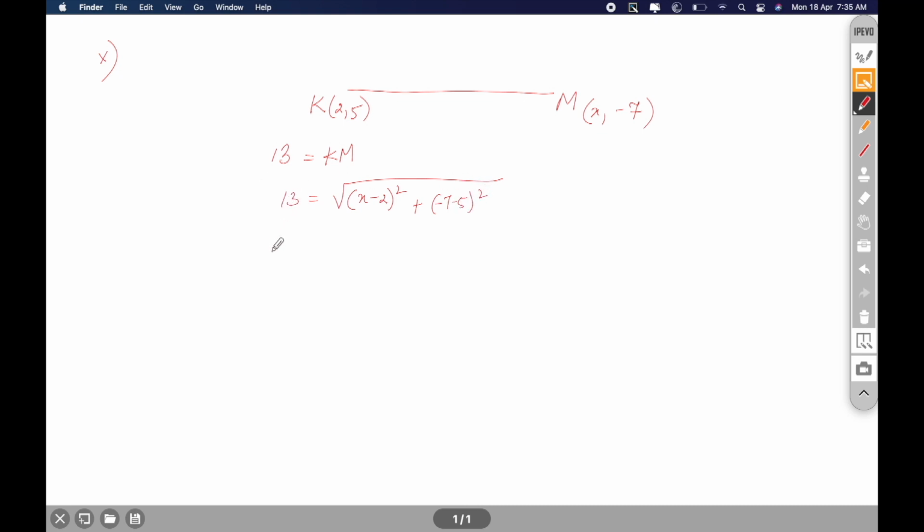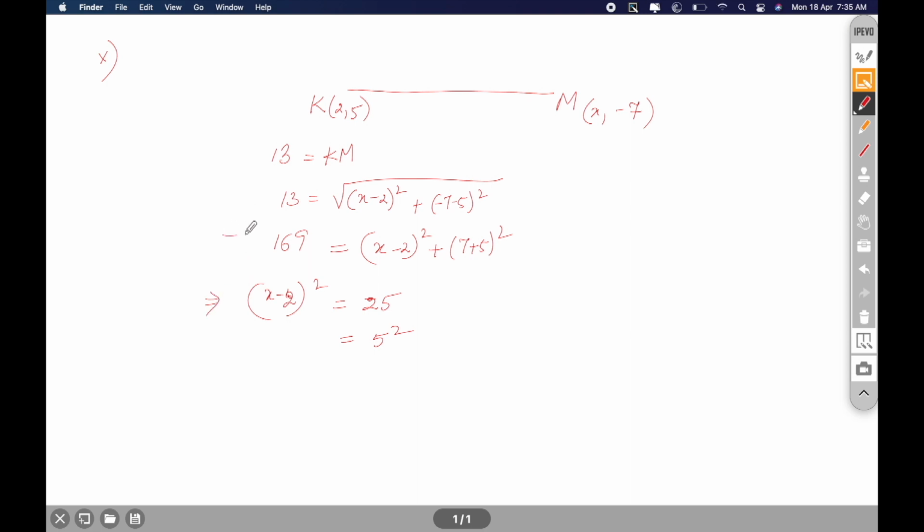Now squaring both the sides, we have 169 equals (x - 2) whole square plus (7 + 5) whole square. Now if we simplify, we can see (x - 2) whole square equals 25, that is equal to 5 square, right?